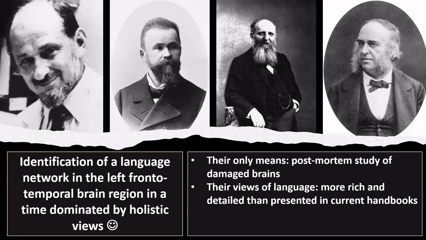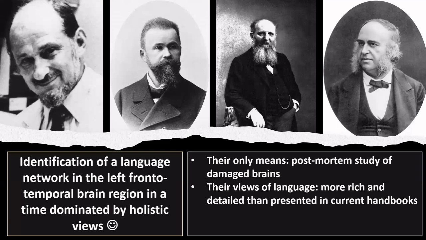Their views of language are often presented in a very simplistic manner. So you have language production, language comprehension. If you read their publications and you read them well, you will notice that guys like Wernicke and Lichtheim actually spent a lot of time contemplating what language really was, how it works, how the brain processes it, or probably processes it, and it's a lot richer, deeper, and more critical than is presented nowadays.